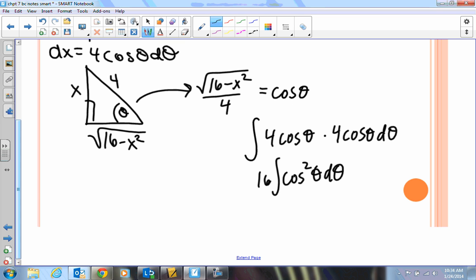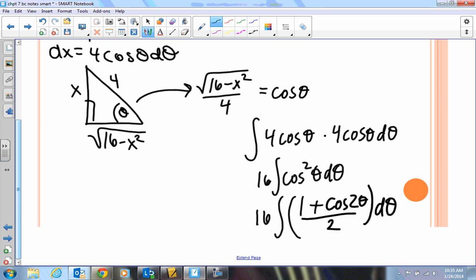And this turns again into a 7.3 problem. We're okay with that. This is the same as 1 plus cosine, power reduce, 2 theta over 2 d theta.